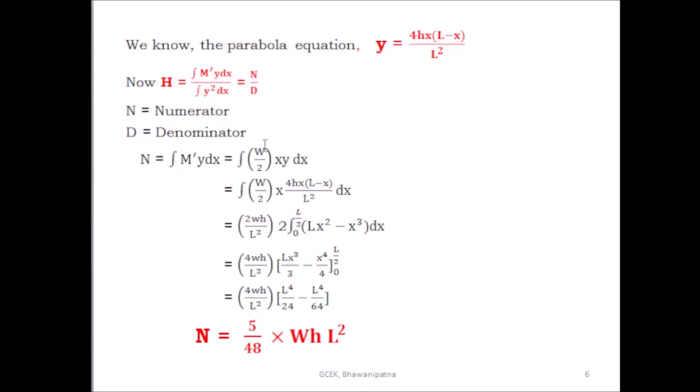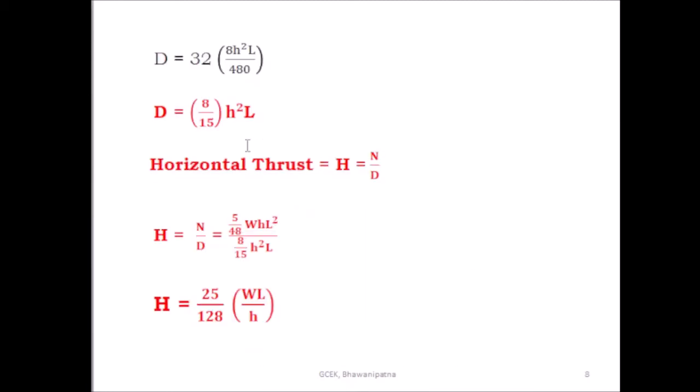Then you put here H is equal to N by D, which is 5 by 48 WHL square divided by 8 by 15 h square L. After simplification, you get the horizontal thrust is equal to 25 by 128 WL by H. So this is the horizontal thrust when the concentrated load is present at the crown.